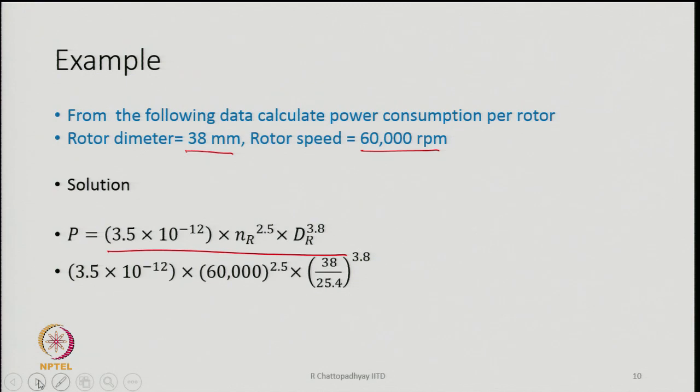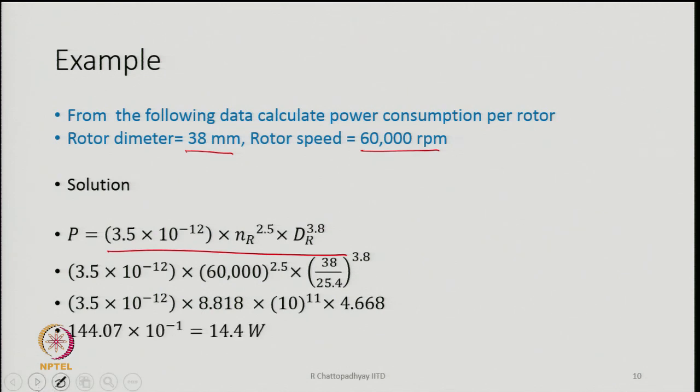If I just go by substitution, we will get a figure like this, and the last figure which is coming here is 14.4 watt. That is, to run the rotor, it is consuming 14.4 watt of electrical energy, one single rotor.